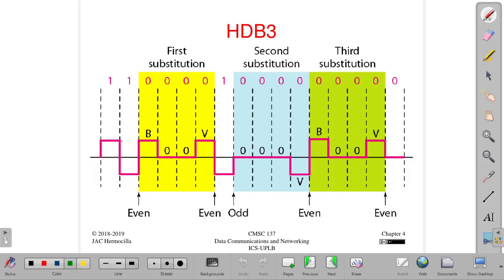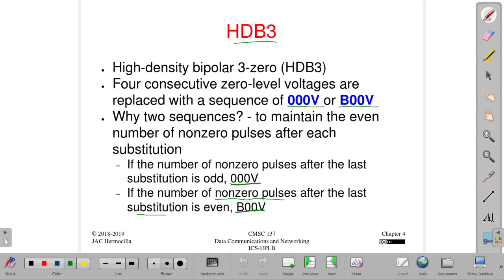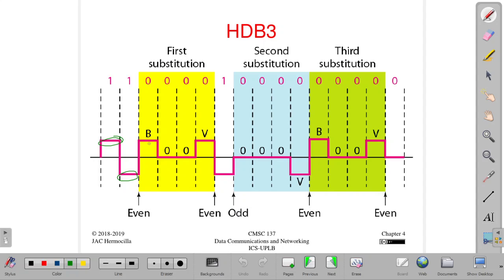So we have, let's say, 2 non-zero pulses after the last substitution. It's even, so we're going to use the B00V pattern. This is the last pulse, so normal bipolar, and then 0, 0, and then we introduce a violation.